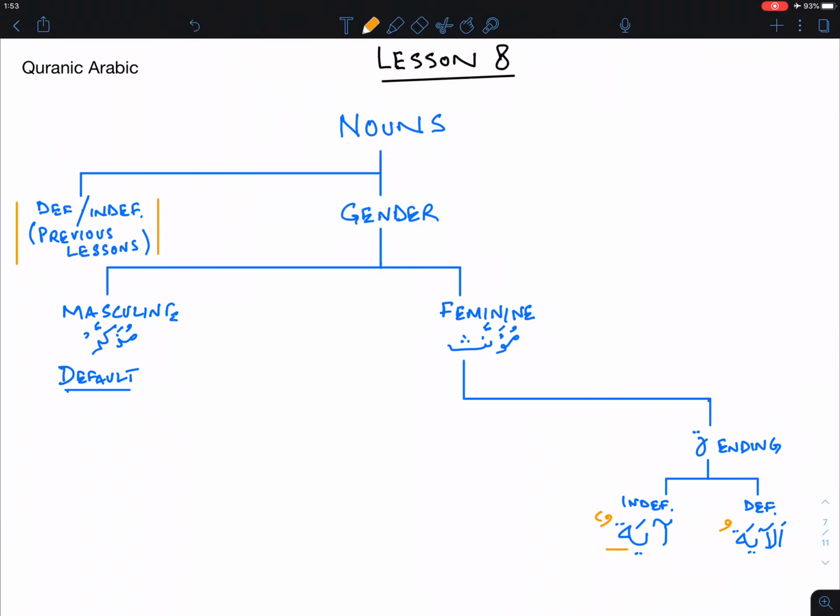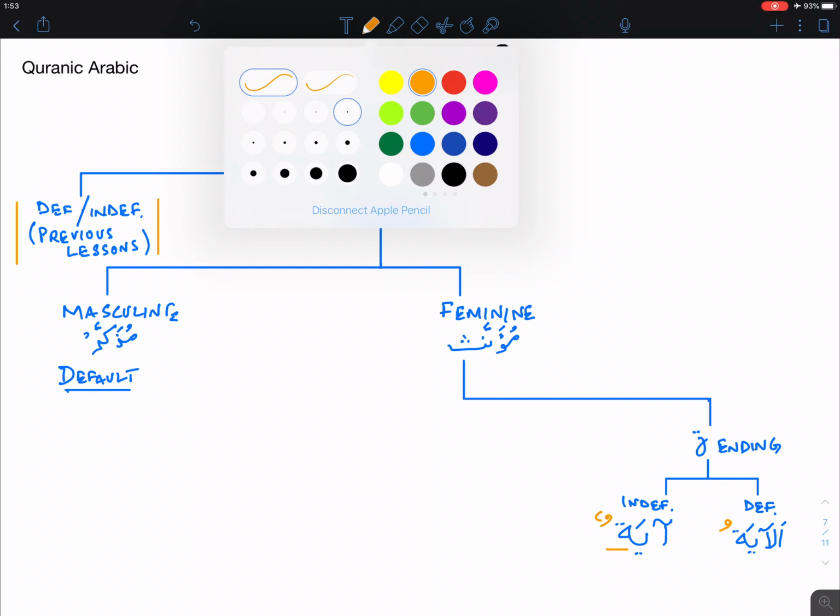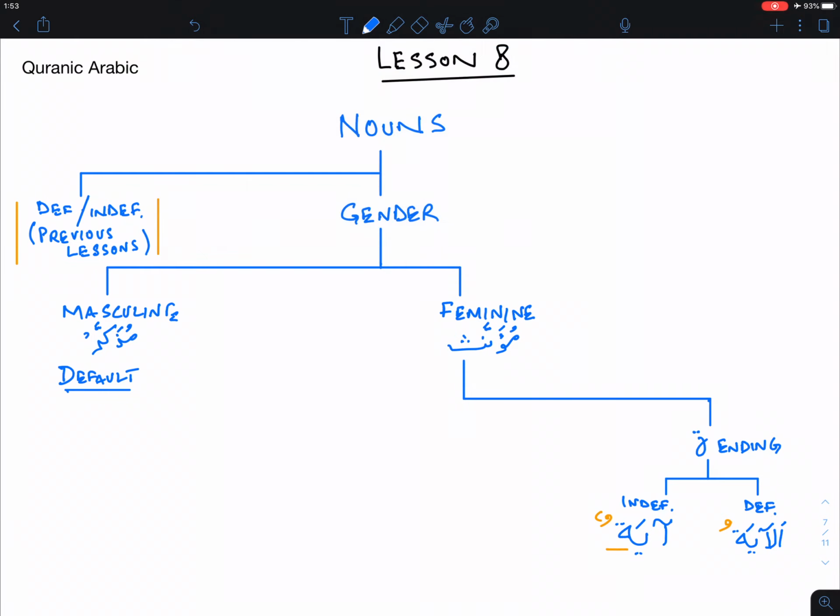Inshallah, if you go through that, one of the common words, this ayah, is also in the Quran. Another example that I can give you is ayah, which means a sign, right? A sign when it's indefinite, and of course it's the sign when it's definite, but you are all up to speed on that now, inshallah. The other example is rahmatun, mercy of Allah subhanahu wa ta'ala, which is mentioned in the Quran.